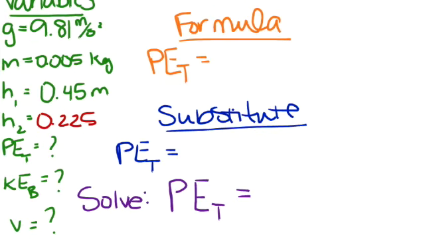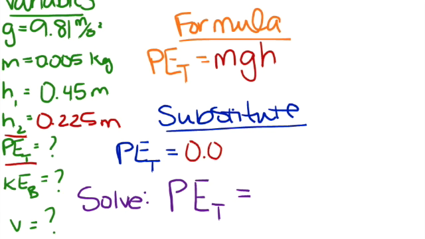Okay, so now that we've found out that h2, or the height halfway down the descent, is 0.225 meters, we can move on to find the potential energy of the marble at the top of the descent. So the formula for the potential energy is mass times gravity times the height. So substituting in our values, we know that mass is 0.005 kilograms times 9.81 meters per second squared for gravity.